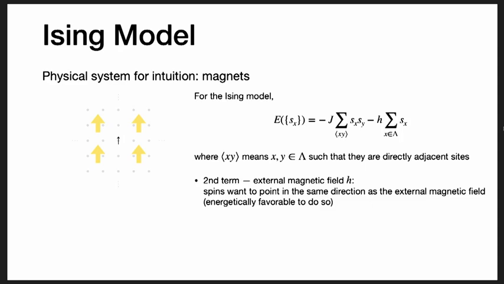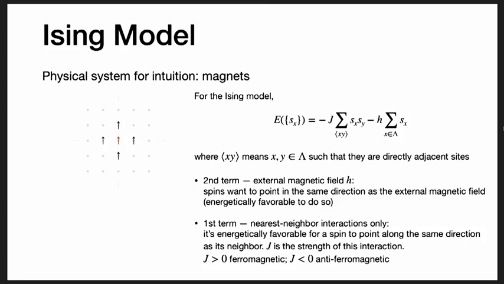The intuition is that it's energetically favorable for each tiny spin to point in the same direction as the external magnetic field. The energy gets lower if it's pointing in the same direction, so that's why it's energetically favorable. That's why we have this term, and to get the total magnetic field, you just sum over all the tiny magnets in the lattice. The first term here is supposed to model the interaction between the tiny spins themselves.